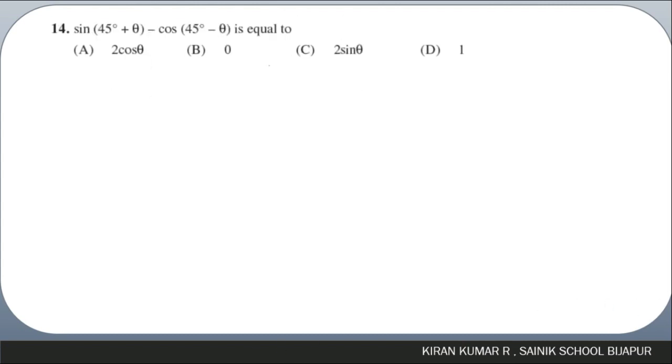Question number 14. Sin of 45 degree plus theta minus cos of 45 degree minus theta is equal to. 45 degree plus theta and 45 degree minus theta. They are the complementary angles.